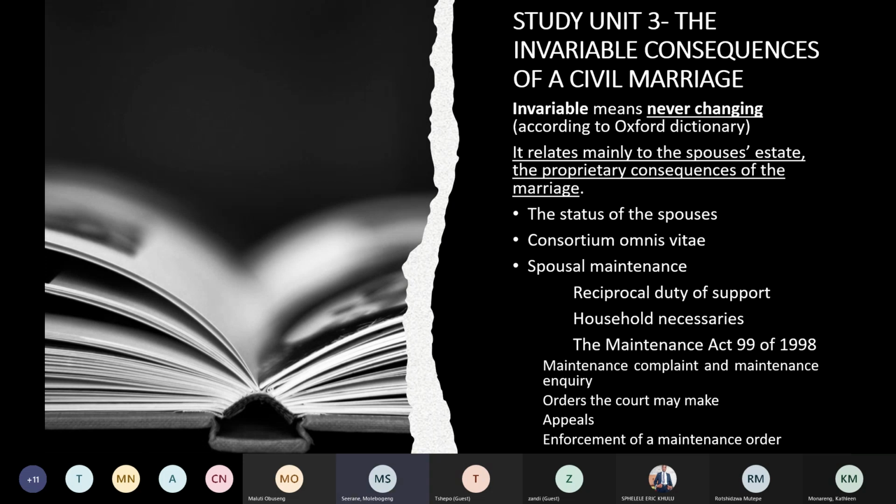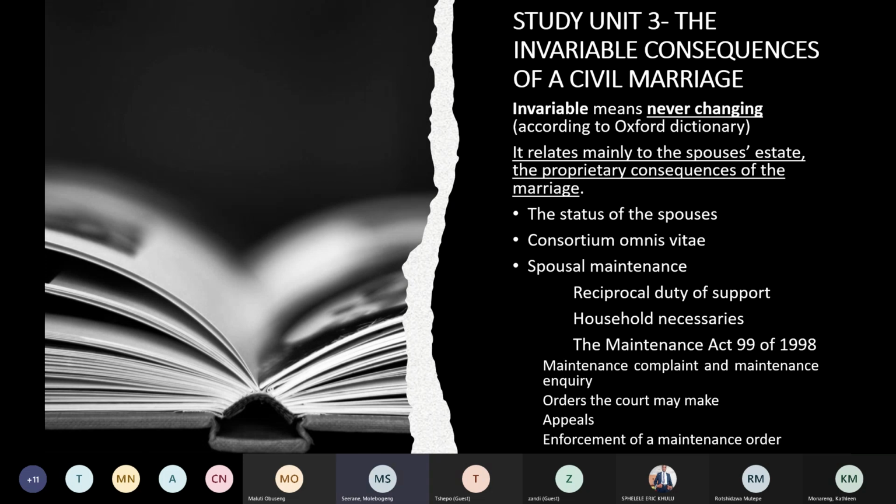It further clarified that one spouse cannot enforce it by a court order or an interdict to prevent the other spouse from infringing the right to life and the right to dignity, meaning that you cannot apply to the court for an order to make another spouse leave the matrimonial home. That was said in Havenga.